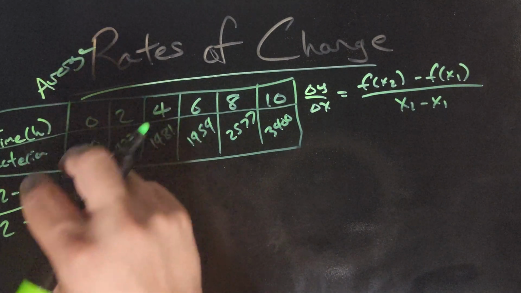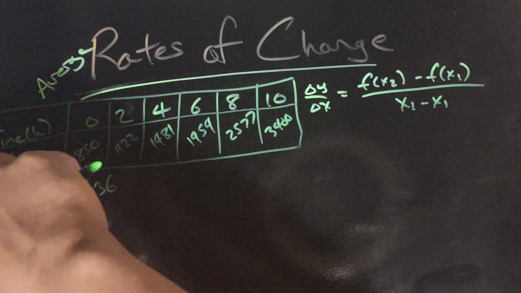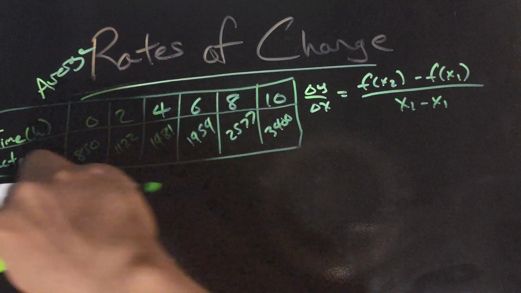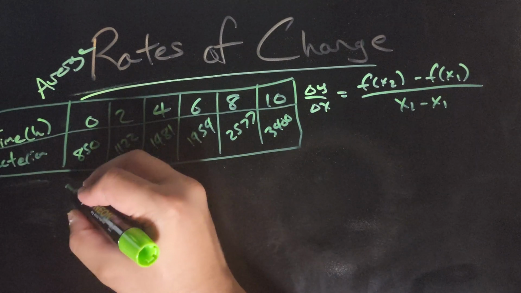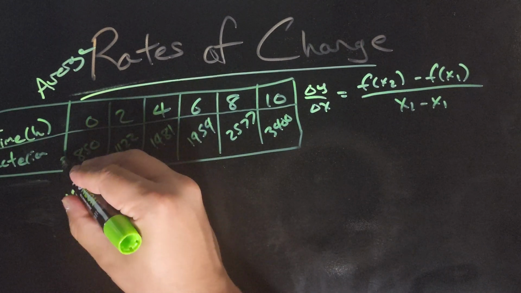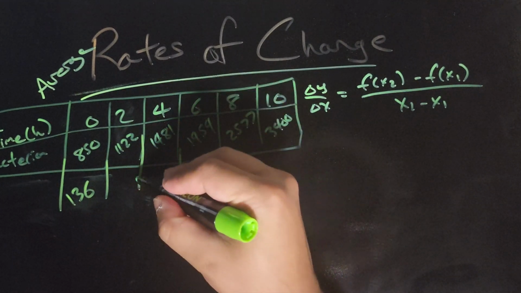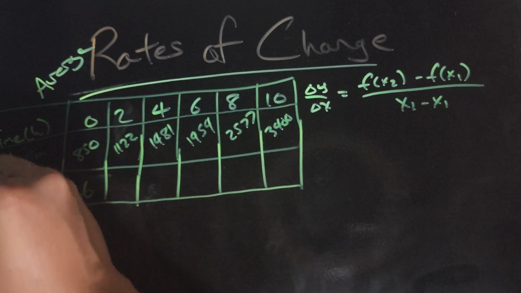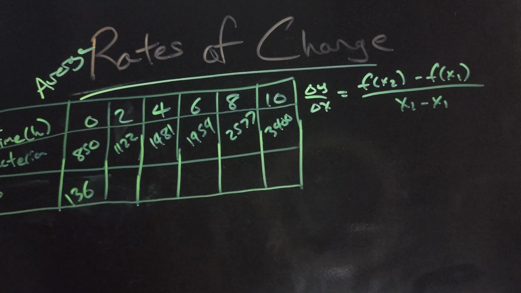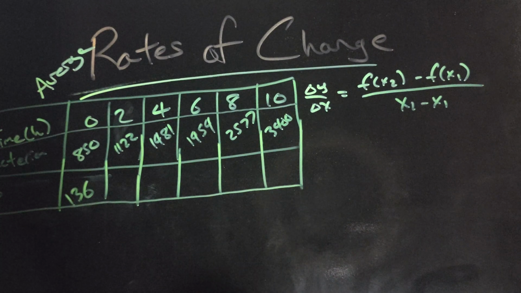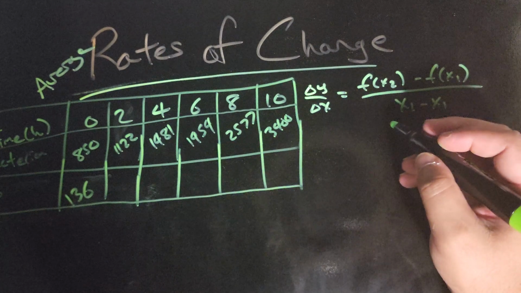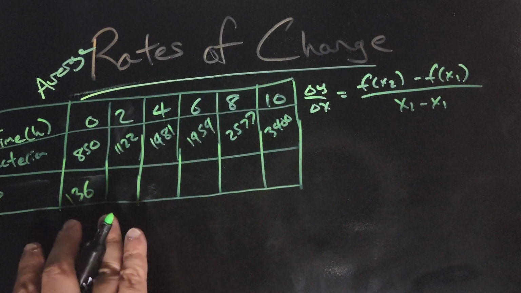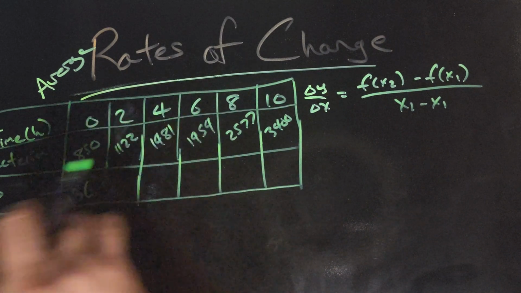So let's just write that here. 136, let's put delta, just to see the rate of change. Now we can do the rest for the others. Oh wait, that's gonna get confusing.